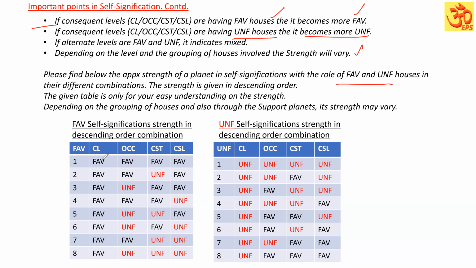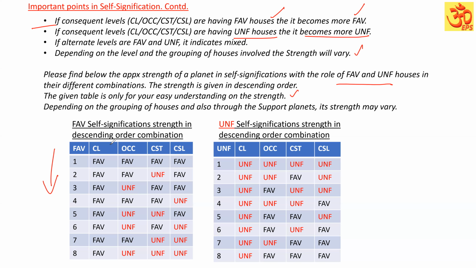The table is given only for your easy understanding of the strength. It is only to know the basic impact of the favorable and unfavorable houses in self-signification in different combinations. The strength is given in descending order, and it will vary depending on the grouping of houses and the support planets.